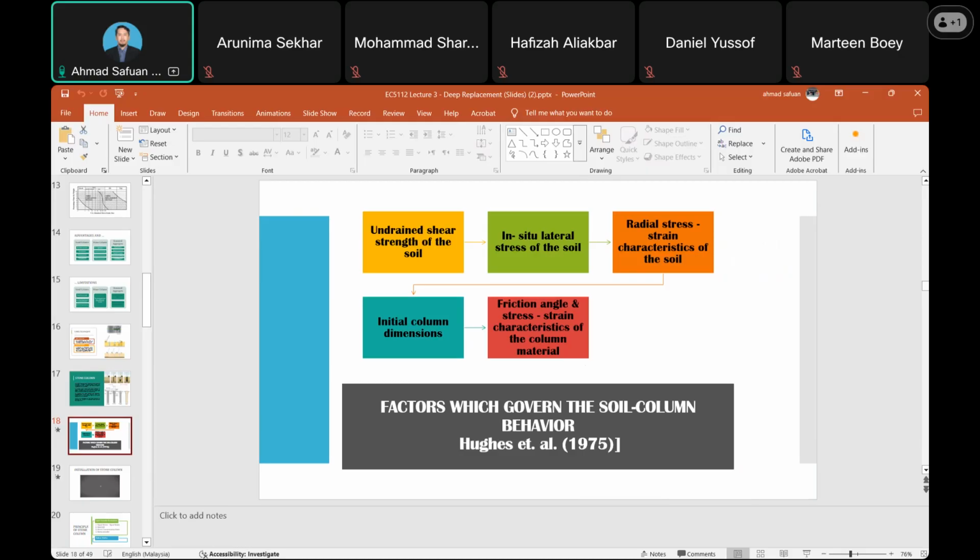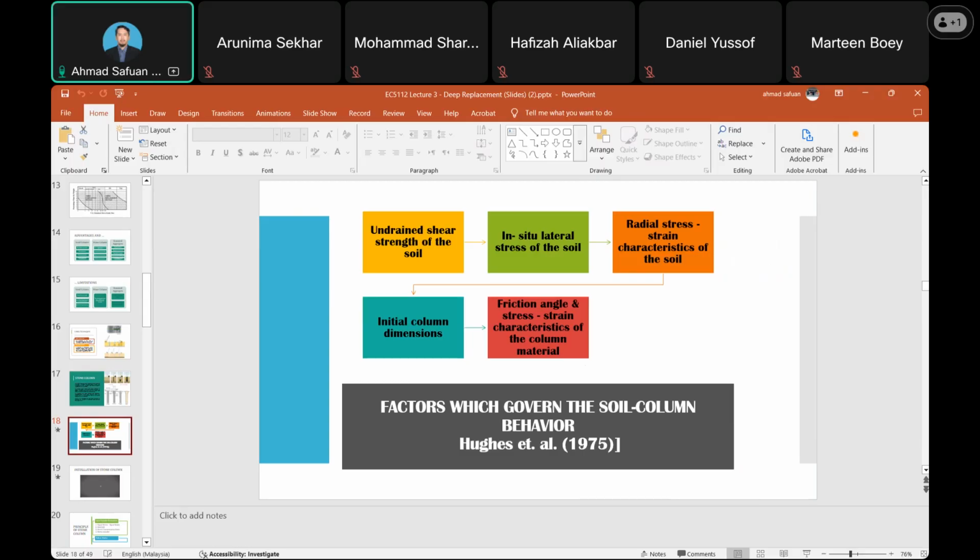So usually it should range between 10 to 40 times greater than the existing soil strength. Okay. So the next is to determine the in situ lateral stress of the soil.